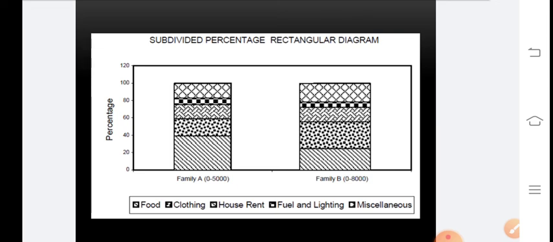They are kept side by side for comparison, and it is very easy to compare the data for the two families, or the two factors. Just try to understand. Thank you.